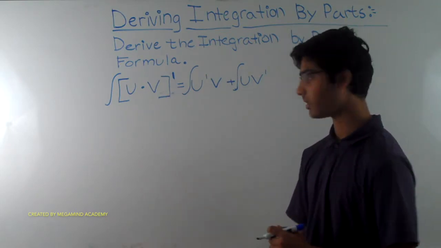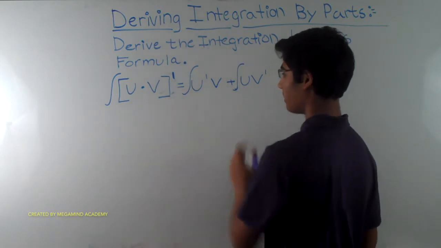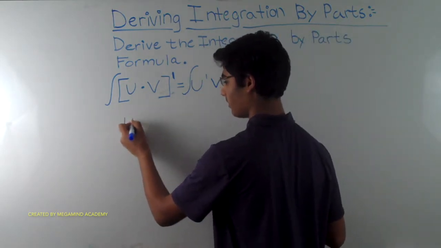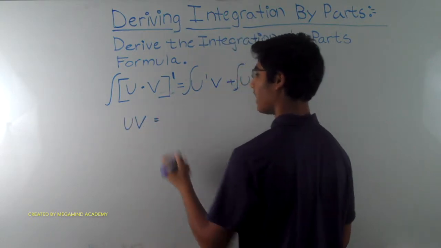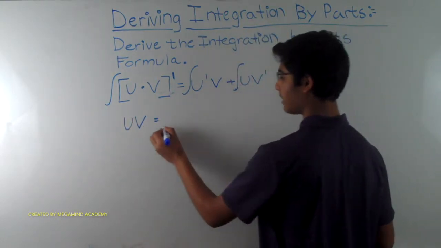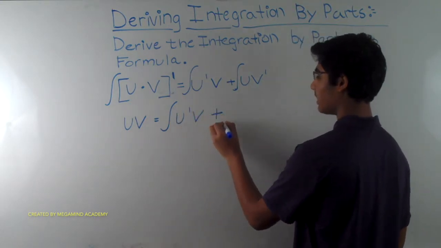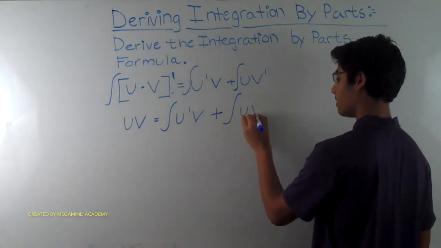So now let's use some tools that we know how to do. We know that this would be equal to uv, or u times v. And this would be equal to the integral of u prime v plus the integral of u times v prime.